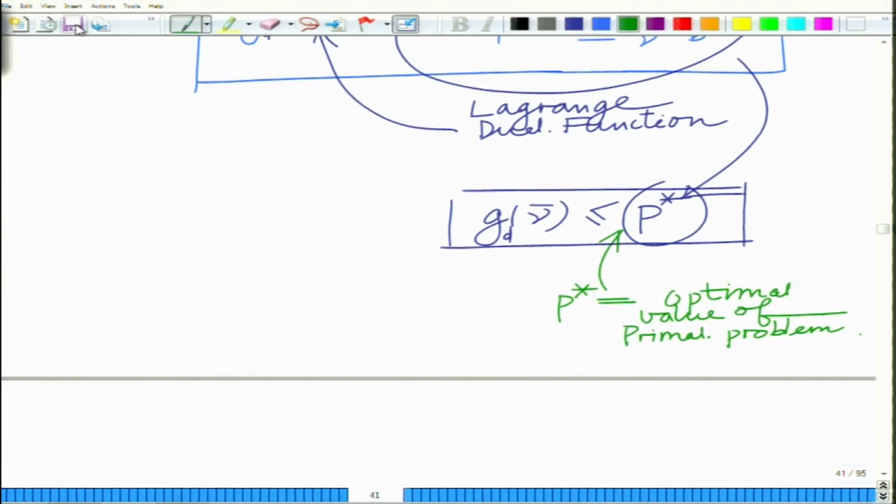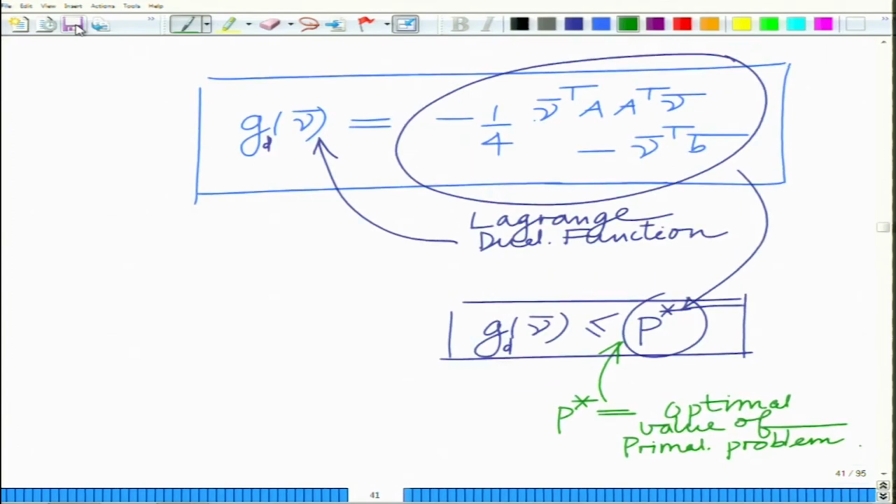Now, what is the best lower bound? And look at this, there is also a concave function, because if you look at this, this is of the form minus nu bar transpose A transpose nu bar. So this is a PSD matrix, positive semi definite.